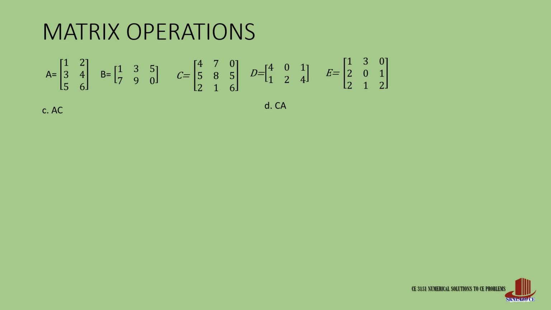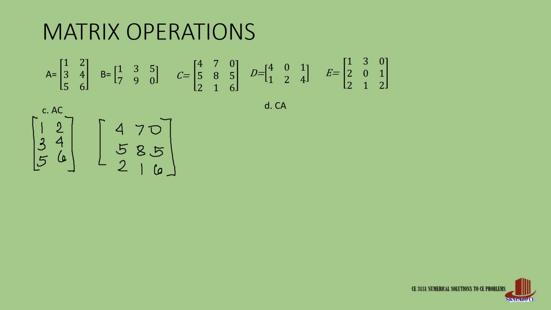Moving on to letter C, the third requirement, we are asked to work with matrix A multiplied with matrix C. So let's copy matrix A and have matrix C. How are we going to check if these matrices are compatible, or if they can be multiplied?